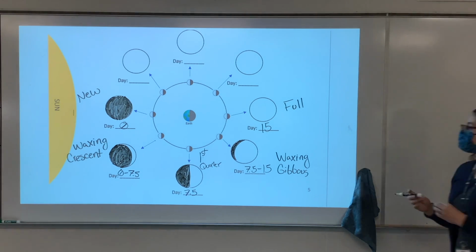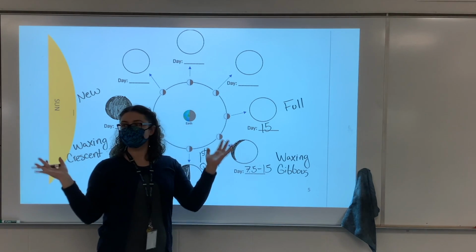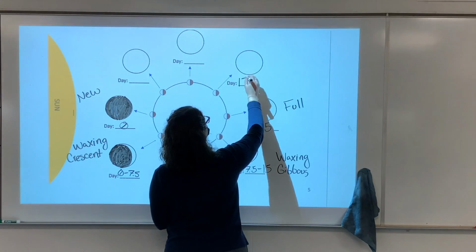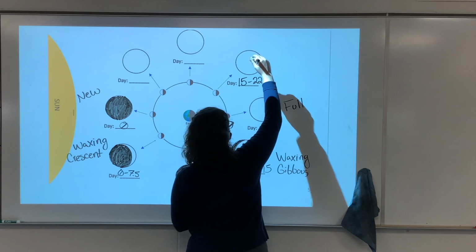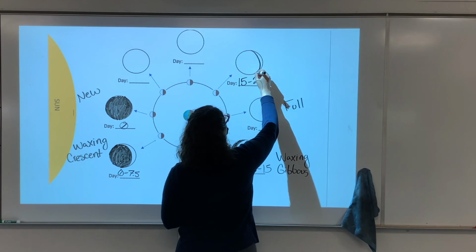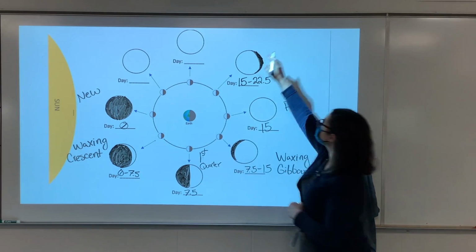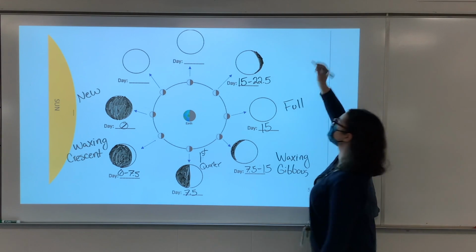And then from day 15 to 22.5, the moon's illumination is slowly shrinking. That's our waning gibbous. And this is where it switches to being the left side of the moon that is illuminated.